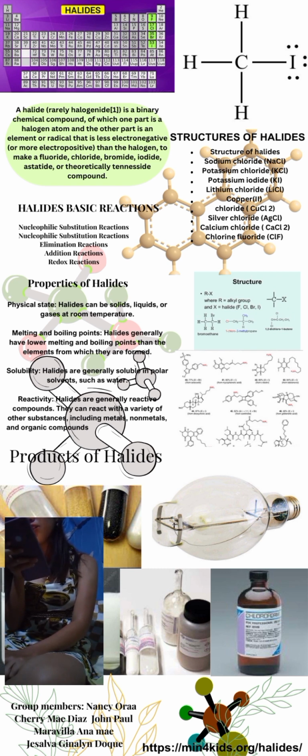Halogen exchange reaction: halides can exchange places with each other in a reaction called a halogen exchange reaction. For example, chlorine can react with sodium iodide to form sodium chloride and iodine.